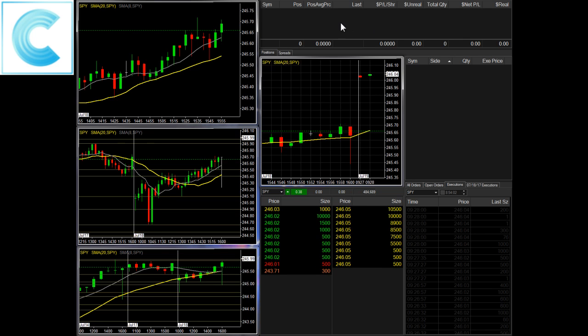On the top right area, we have my positions window, which will zoom in and out every now and then, just to clarify how many shares I have of the symbol, unrealized, realized, profit and loss, and so forth. On the edge over here is my executions window, which will display all the transactions that I initiate.